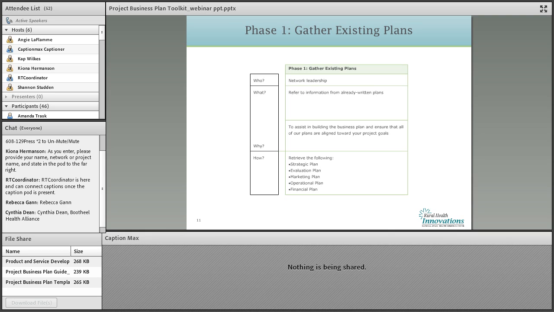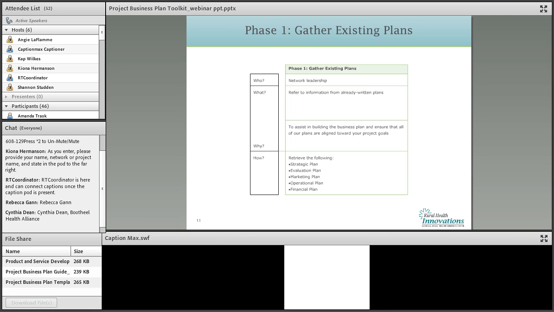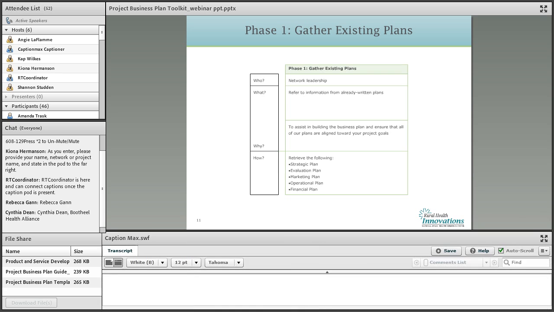So in phase 1, you're going to gather all of the plans you've already developed for your project, including your strategic plan, marketing, evaluation, operational, and financial plans.